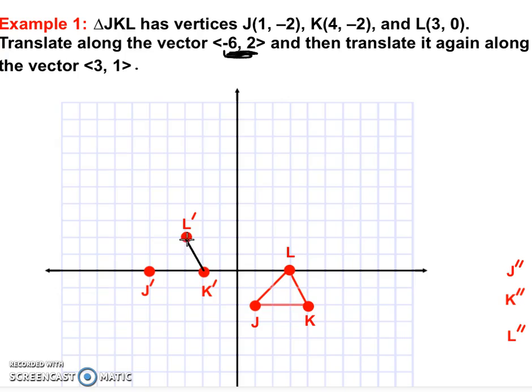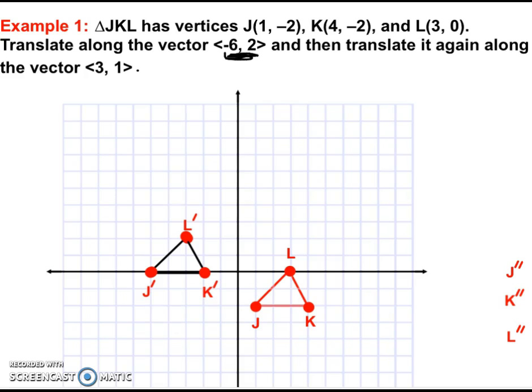So what we have done right there, we have translated our triangle JKL. I'll see how they had in example one up there, JKL, I just translated it along the vector -6, 2. I took each point and moved it 6 units to the left and 2 units up.